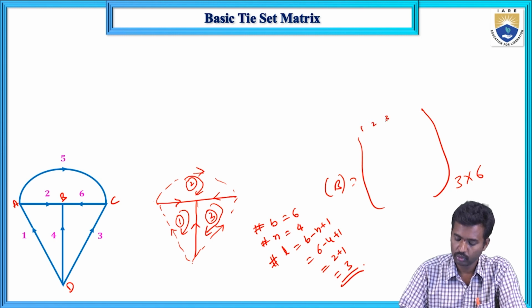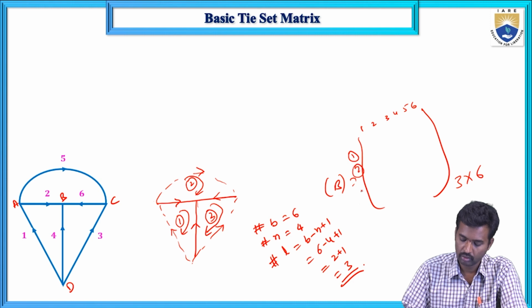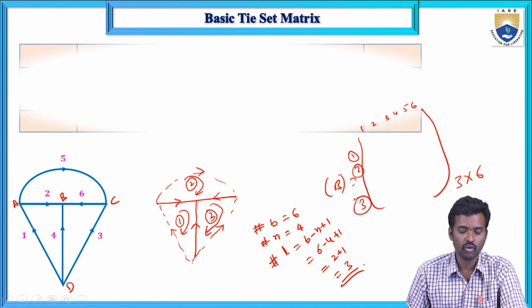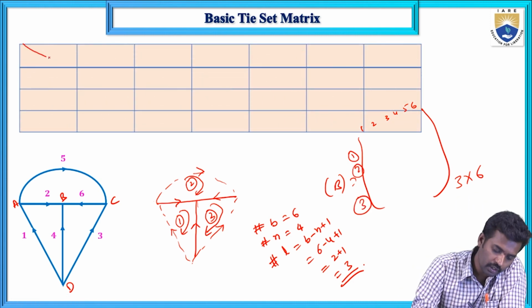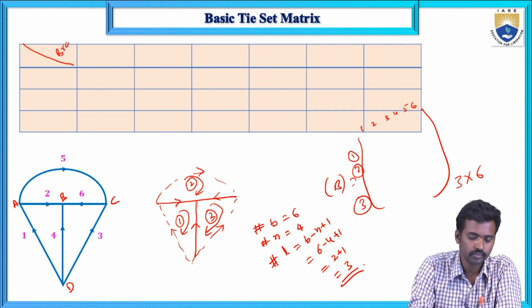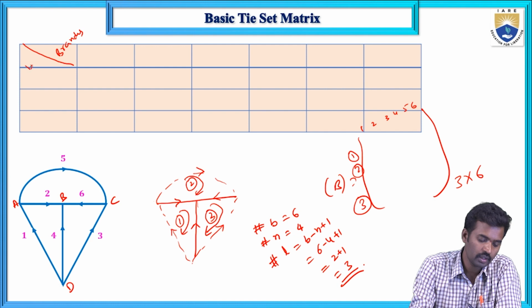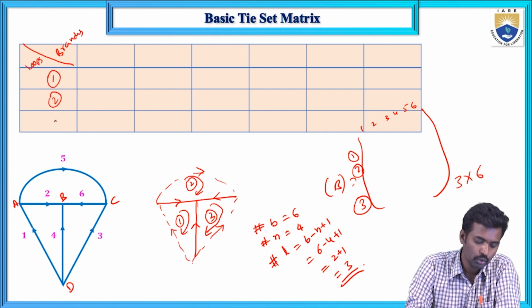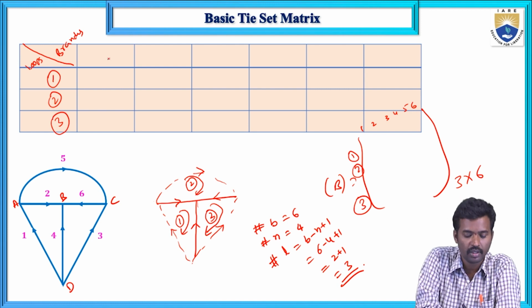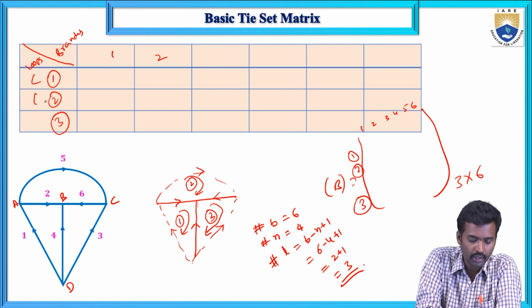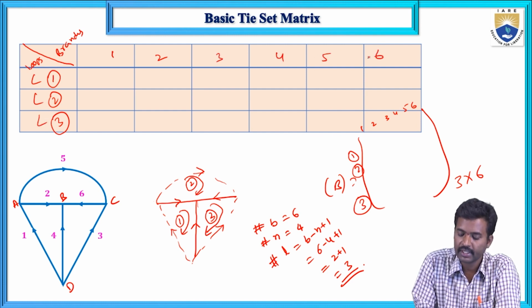So here 1, 2, 3, 4, 5, 6 and 1, 2 and 3. Now fill the elements. These are the branches, and these are the links or loops L1, L2 and L3, and 1, 2, 3, 4, 5, 6.